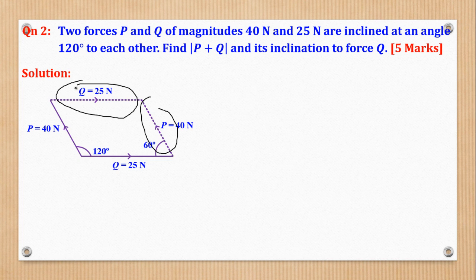Why are they dotted? Because it is just a representation of this. If you make them full line, it means it is also a force on its own, which is not okay. Then from start to end gives you the resultant. So this is what they want, and this. So let's see how to get them.